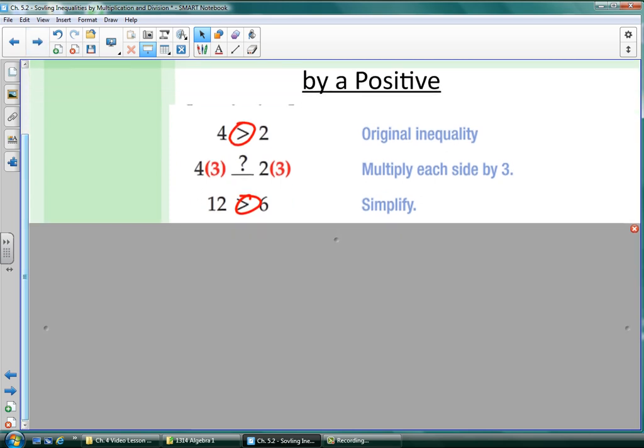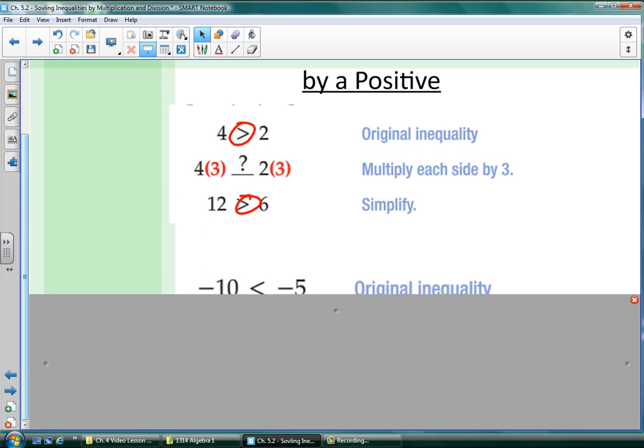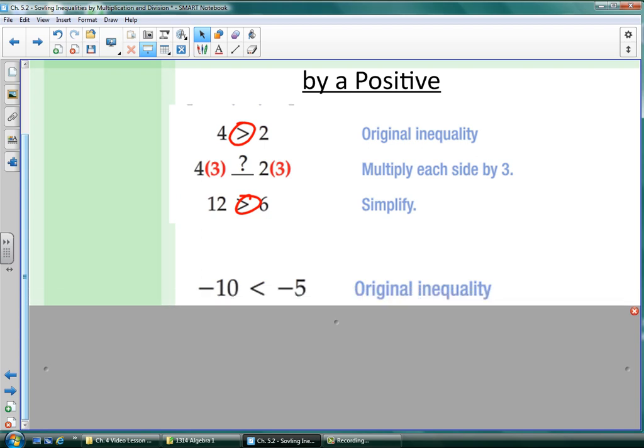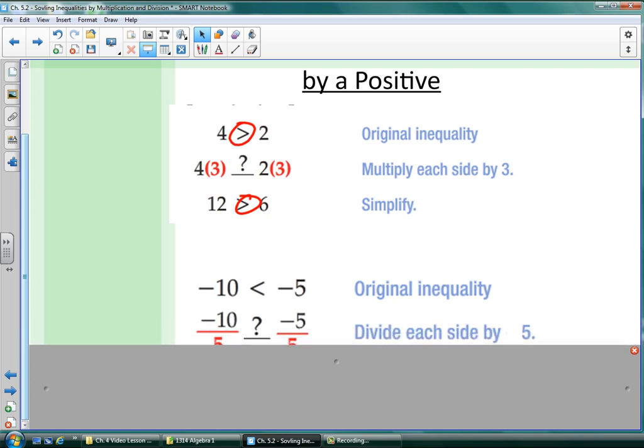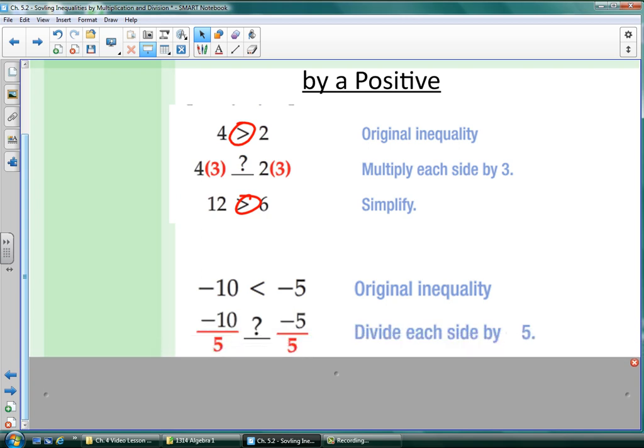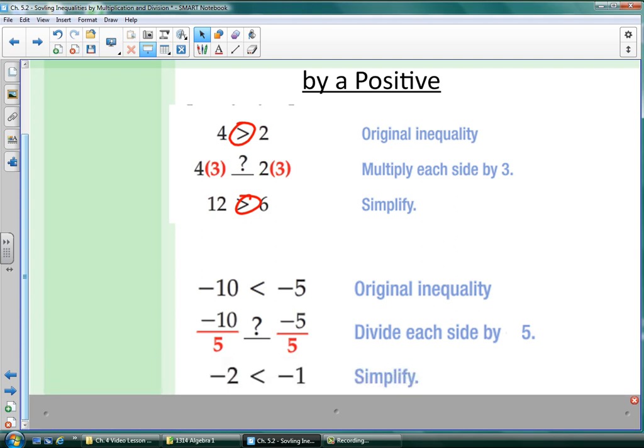If we look now at division, even if we have negative numbers, but we decide that we're going to divide both sides by 5, division on both sides will give me negative 2 on the left, negative 1 on the right. And so, again, the inequality is preserved.